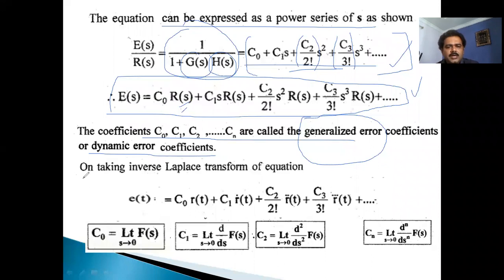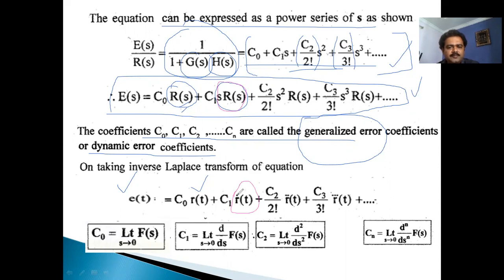So now taking inverse Laplace on both sides. Now the error signal e of t is equal to, for R of S, if we apply the inverse Laplace transform, that is r of t. For S into R of S, this is r dot of t, or d by dt of r of t.